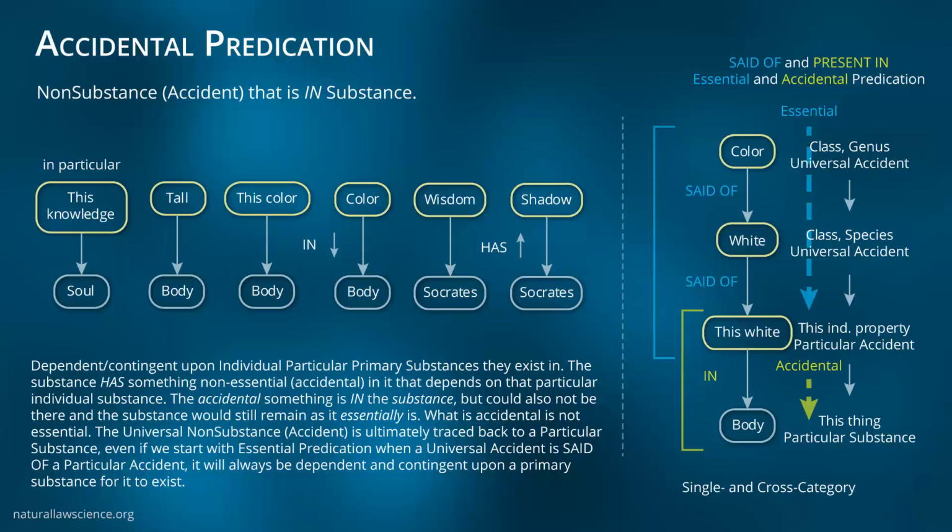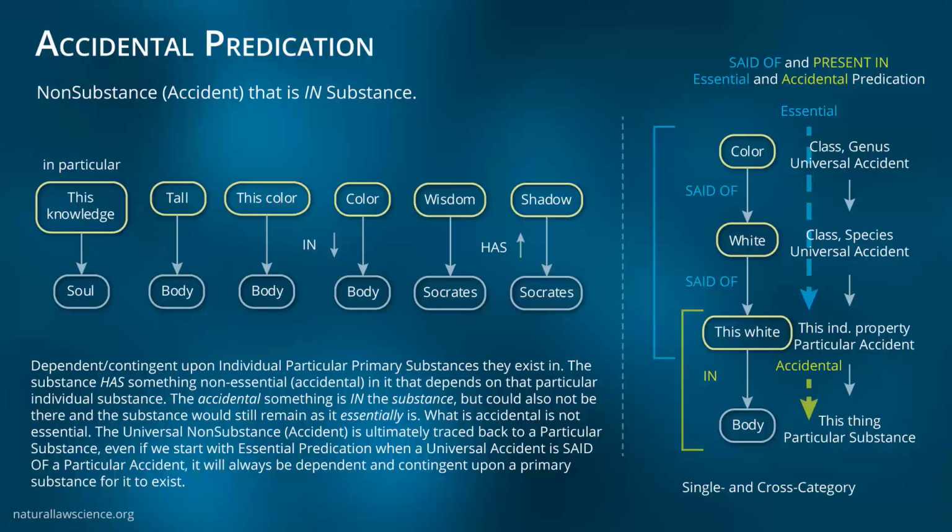So we're going from color as a class, a genus, a universal accident, to another class, which is the species of white, which is another universal accident. Then we're getting to this individual property. So instead of the class species of white, it's this white, which is a particular accident. Then from that particular accident, we're going to tie it back to the particular substance that it is existing in, present in.